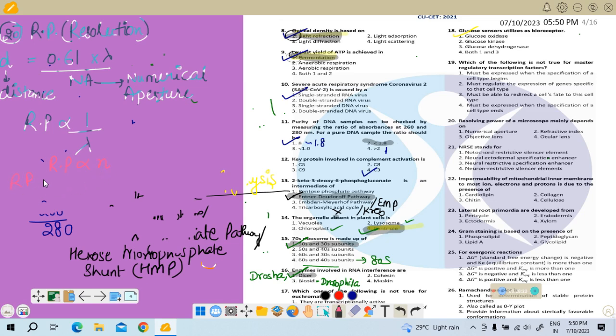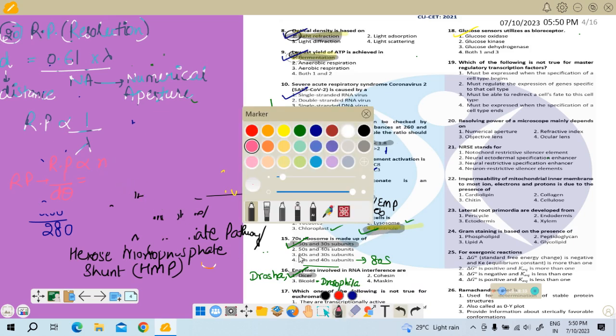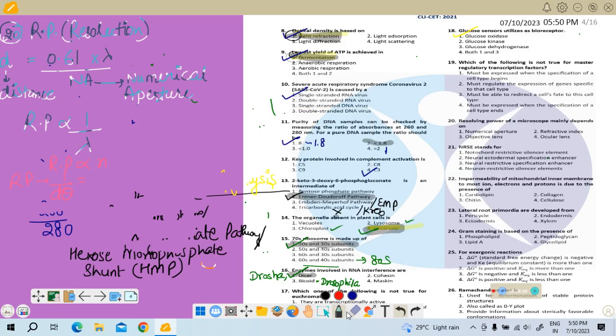So RP is, this is another formula, 1 over d theta, equal to 2 n sine theta over lambda.